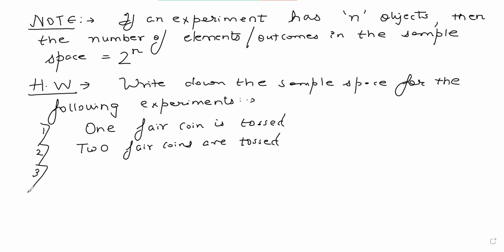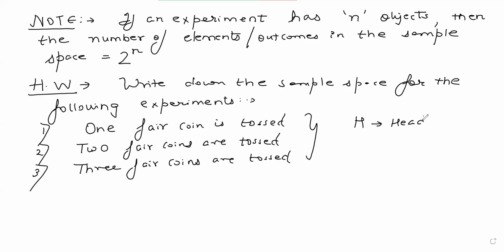Another possible experiment, 3 fair coins are tossed. And for all these 3, H will denote the heads, T will denote the tails. This is a homework problem for all students. Okay, all students can take this up as homework.